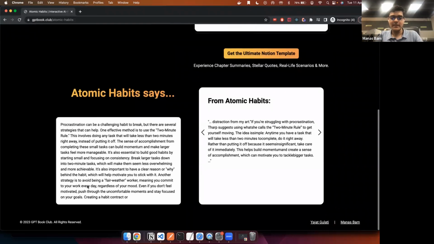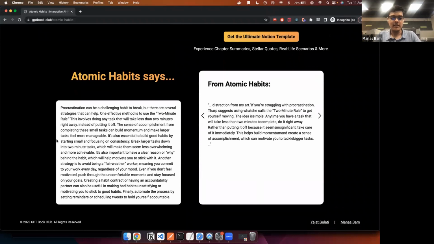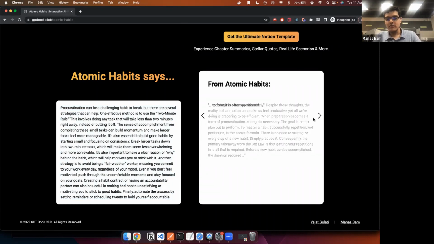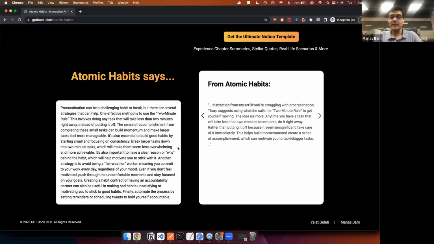Then we use ChatGPT to summarize that entire response, and that's what's shown here. This is the final response, and these are the most relevant passages from the book which talk about stopping procrastination. So that's one aspect of what my friend and I built. It's basically talking to a book.